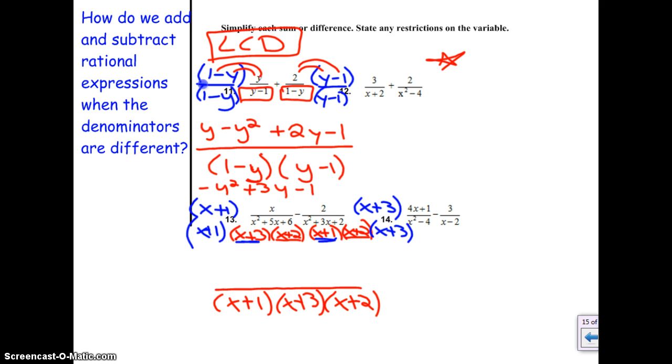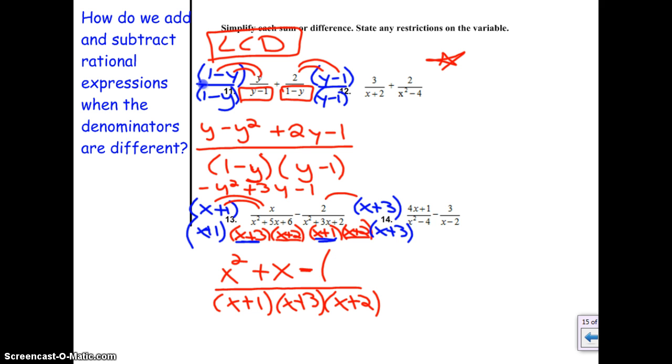So to get my numerator, I'm going to have to distribute. So I get an x squared plus x. And then you guys will notice that this problem is subtraction. If I subtract, I want to make sure that that subtraction distributes to everything after it. So I'm going to go ahead and put parentheses up to make sure that I distribute the subtraction.